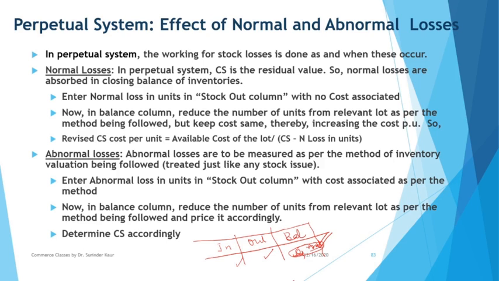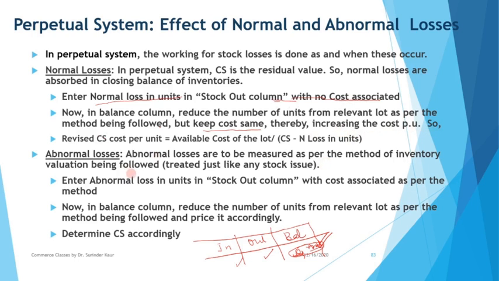So how do we do this? We enter normal loss in the stock out column. It will be recorded, but it won't be valued. There is no cost associated with this. Now in the balance column, reduce the number of units from the relevant lot and keep the cost same. So cost will remain same, thereby increasing cost per unit.